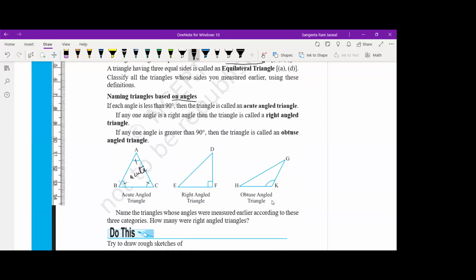The other two may be different, but one is the right angle. Then we have obtuse angled triangle. Obtuse angled triangle means one angle in a triangle is obtuse. Okay. Understood everyone? Yes.